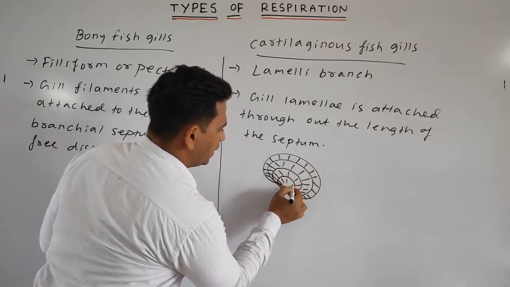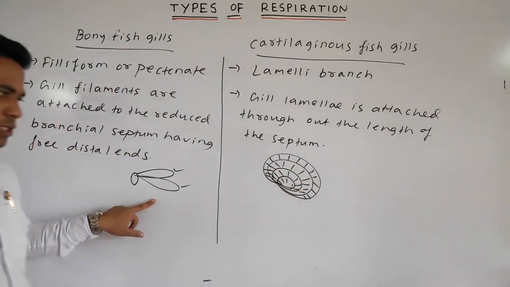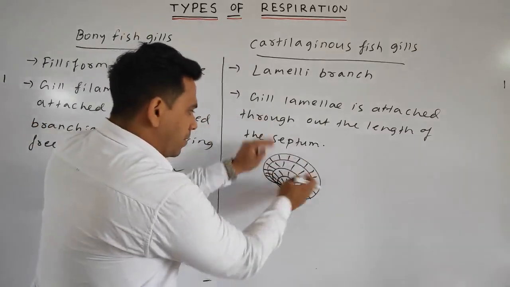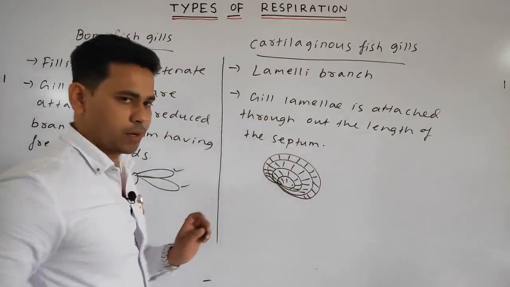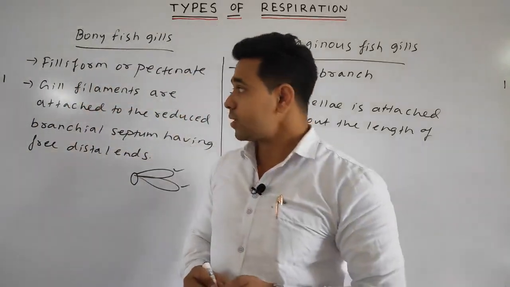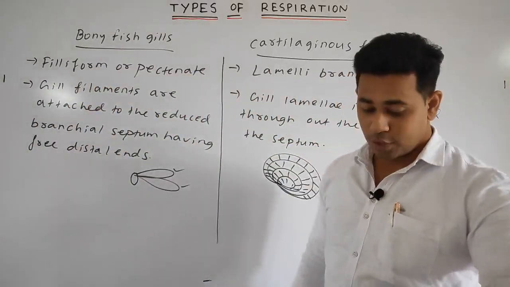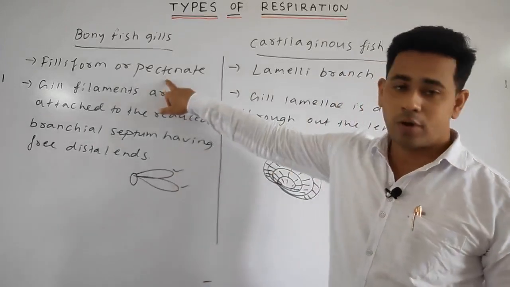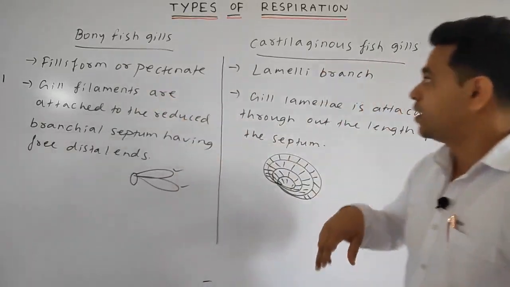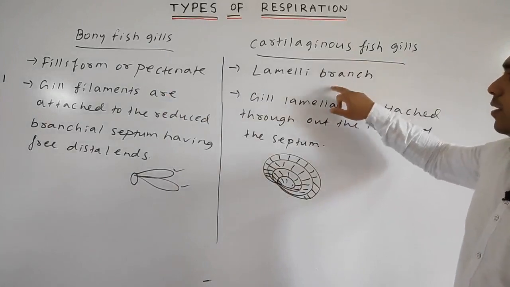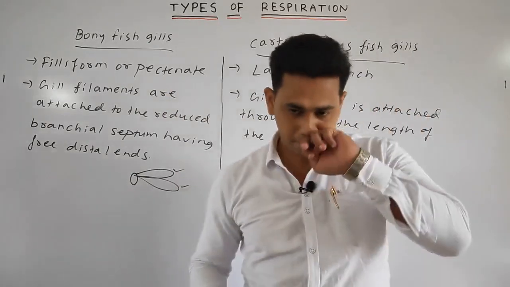In the other case it has free distal ends, but in this case the gill lamellae are attached throughout the septum. So students, we discussed that the bony fish gills are of the filiform or pectinate type, whereas the cartilaginous fish have lamellibranch gills.